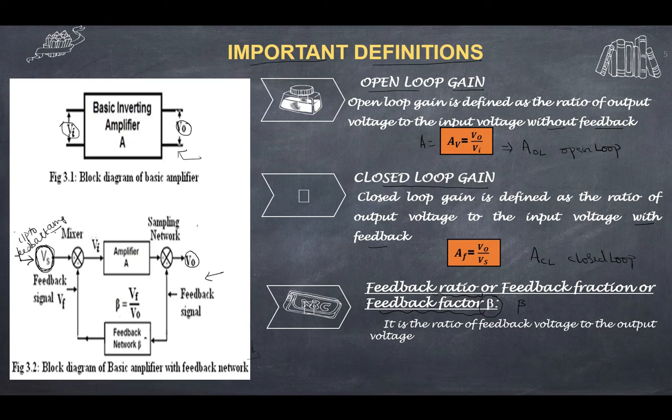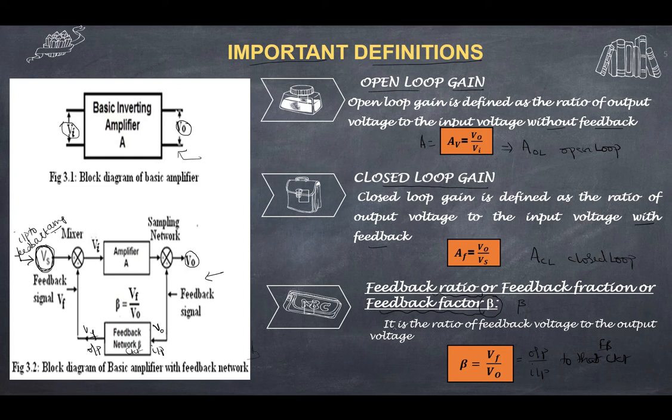Now for this example, this is the circuit, this will become the input, this will become the output. Hence, input is VO, output is VF. Therefore, beta can be written as VF by VO. This is nothing but output by input to that feedback circuit. So for feedback circuit, VF is the output, VO is the input.